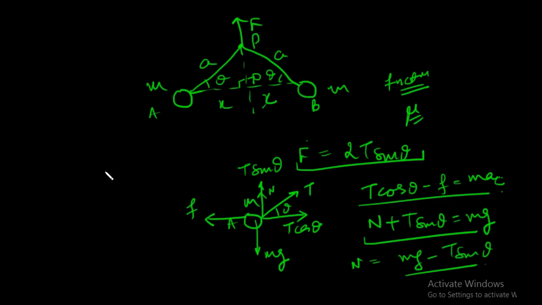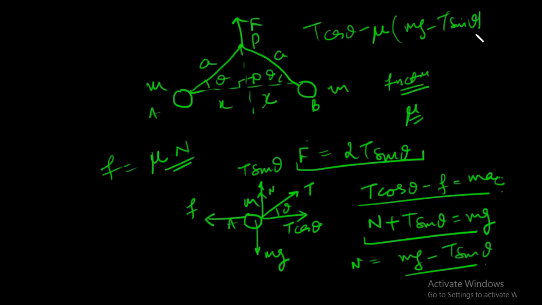Alright, and friction was the coefficient of friction times the normal, right? So we have T cos theta minus mu times N, where N was mg minus T sin theta. This would be equal to ma_c.